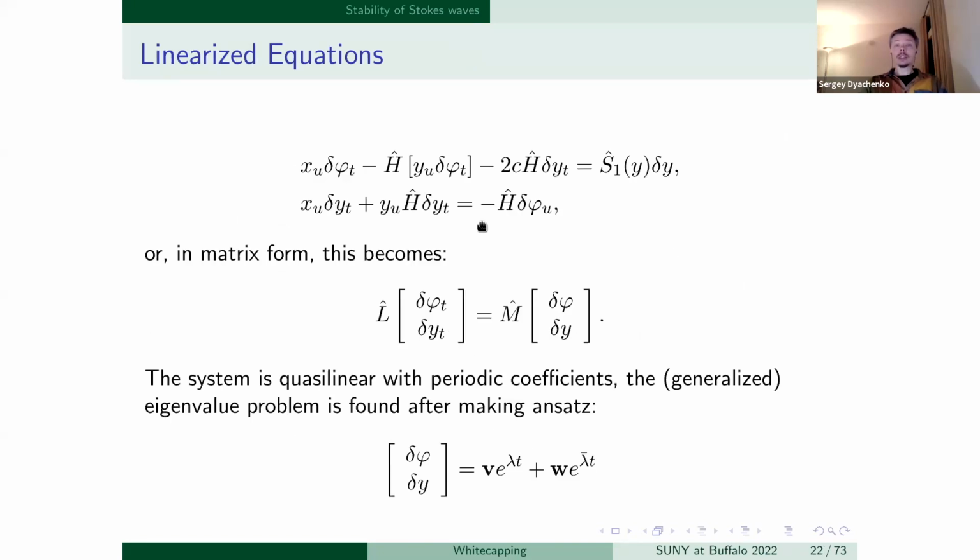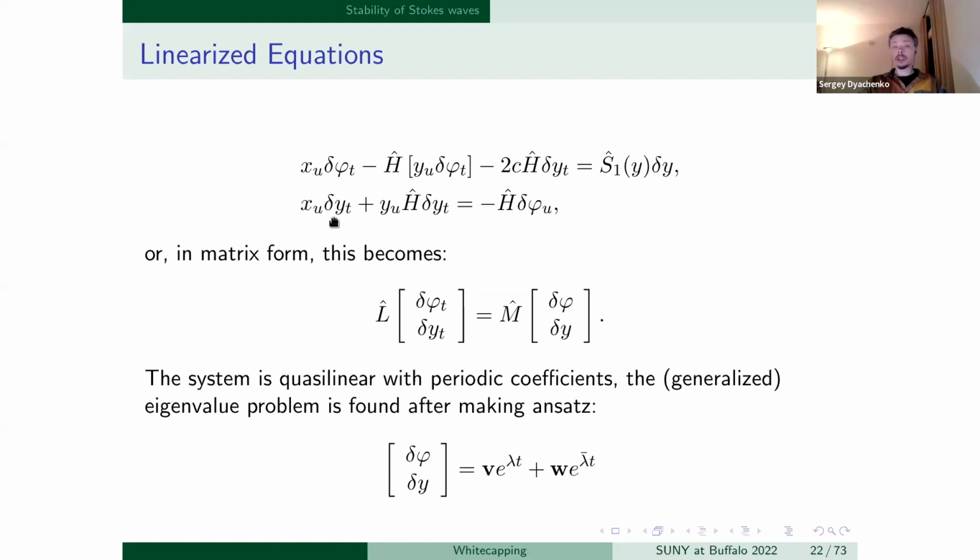And this results in the following system of two equations for delta phi and delta Y. It's now a system of two integro-differential equations, but the important thing is that it's a linear system in delta phi and delta Y. So it's exactly a first order linear PDE for the functions delta Y and delta phi.